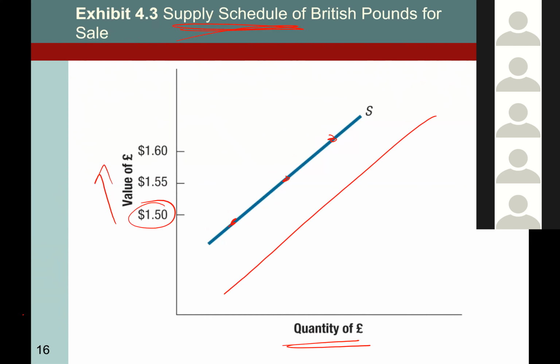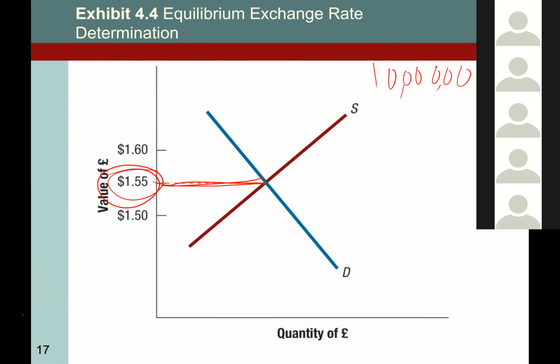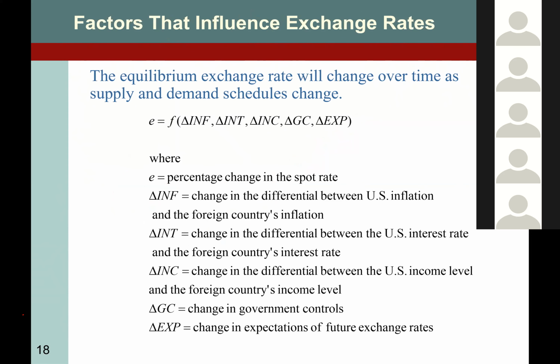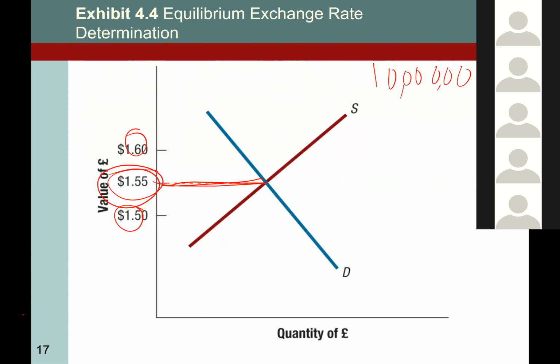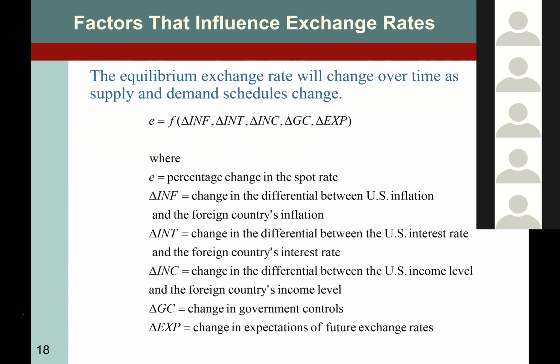Movement means there is a change in the quantity, and the reason is not the price, not the exchange rate. It means there are other factors. So that's why we call these factors that influence the exchange rate. It means our price is going to change due to some other factor.